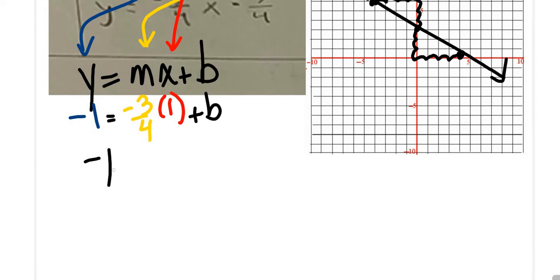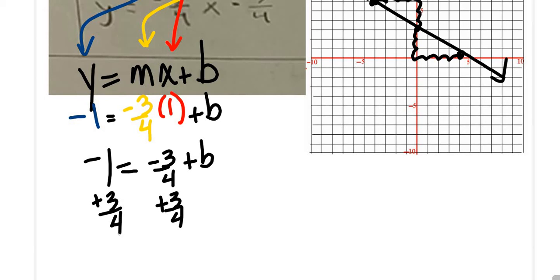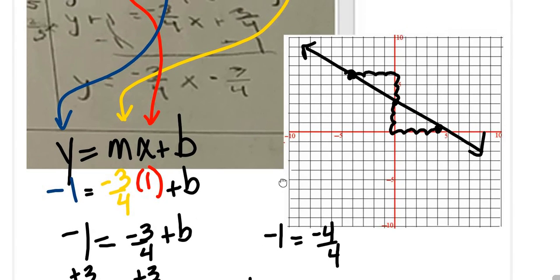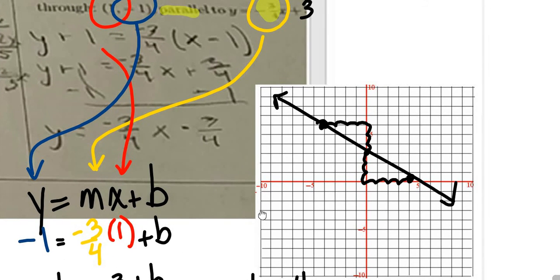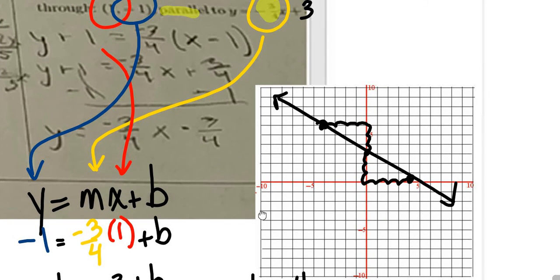Of course, this is negative 1 equals negative 3/4 plus b. I'm going to add 3/4, add 3/4. And this ends up being, this is technically negative 1 is technically negative 4/4. So our b equals negative 1/4, which is, you have 3/4 there. Let's figure out why.